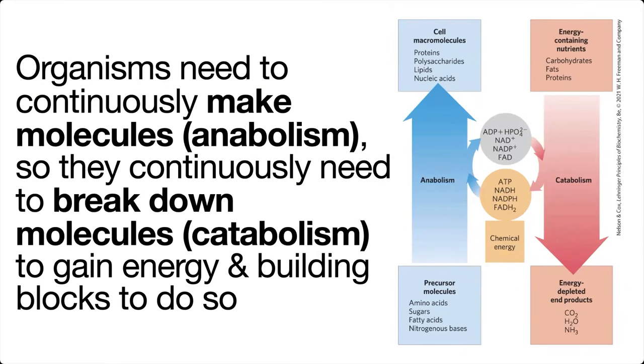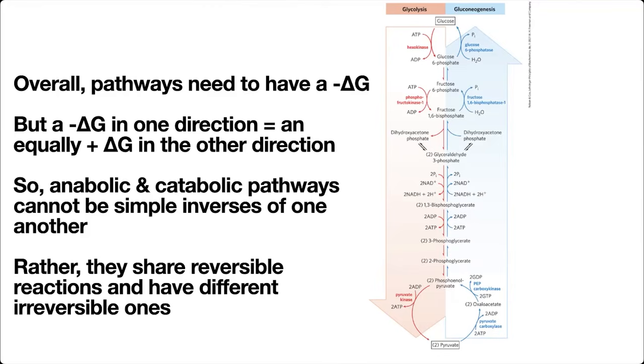You might have spotted a sort of problem. Metabolism encompasses both anabolism, making molecules, and catabolism, breaking down molecules. It's really important to remember that a negative delta G in one direction means a positive delta G in the other direction. Same magnitude, but different in sign.